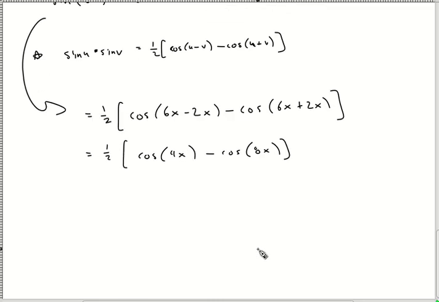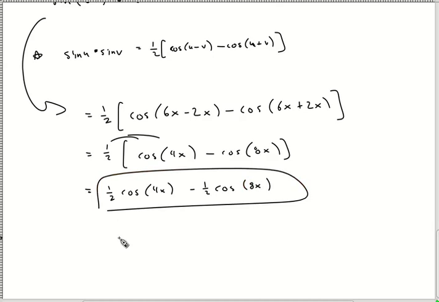No way my MyMathLab wants it like that. Distribute the 1/2. Of course. Of course they want that. Okay, there you go. There's your answer. I'm serious. That's it.